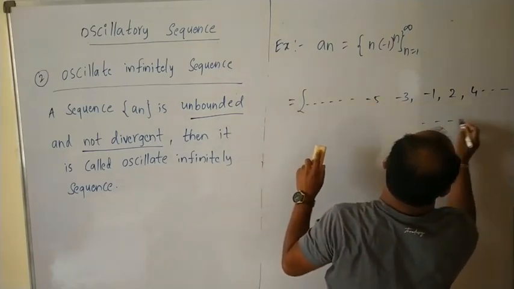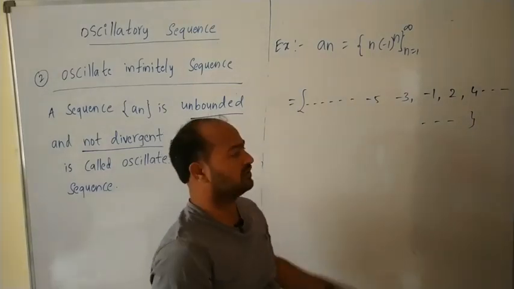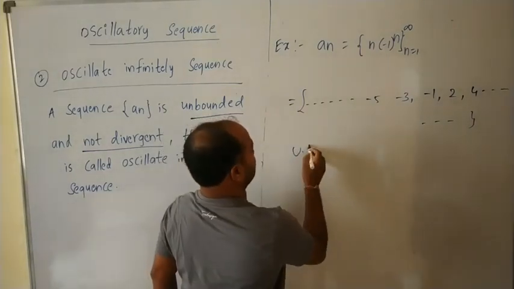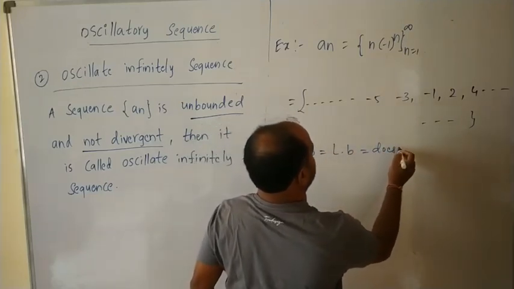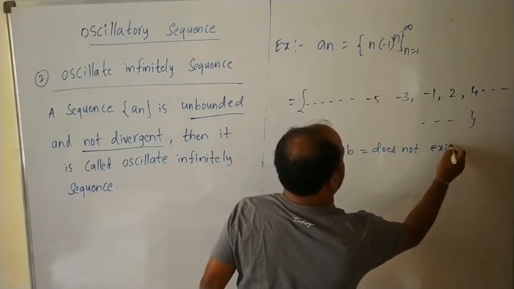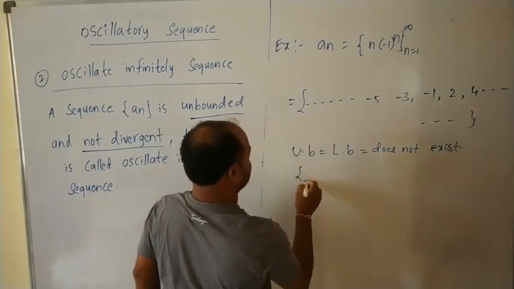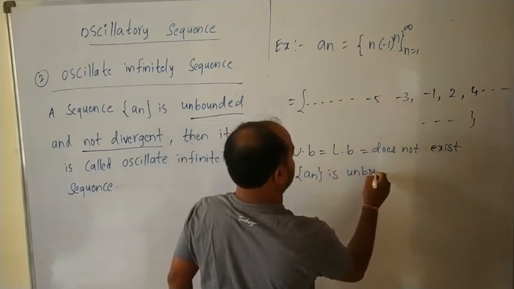Now what is the upper bound and the lower bound? In this case the upper bound and lower bound do not exist. Therefore the given sequence is unbounded.